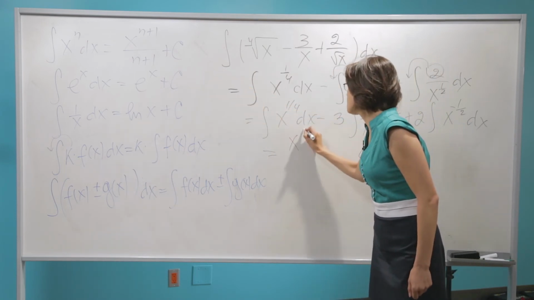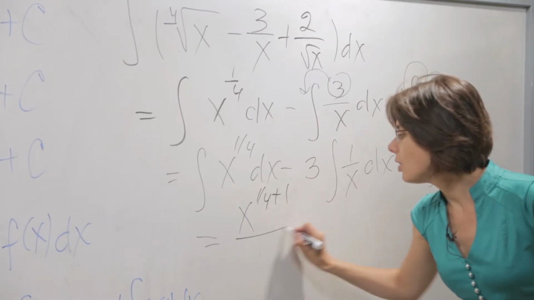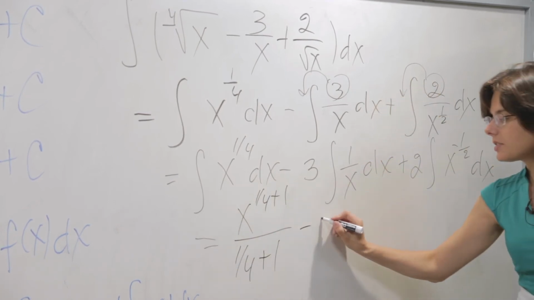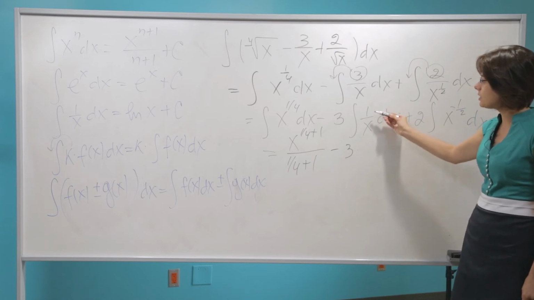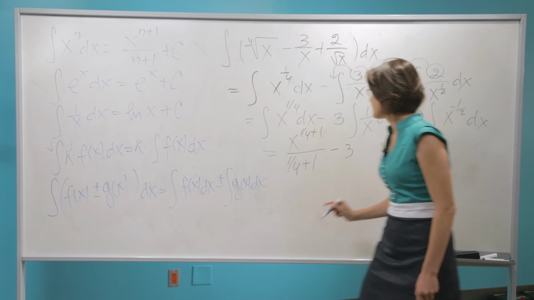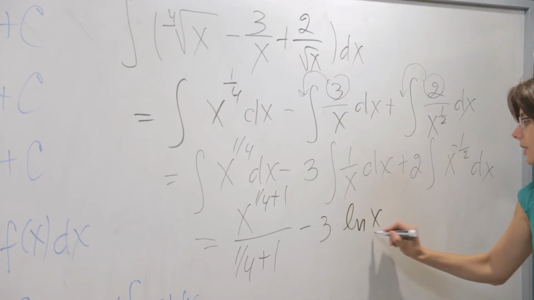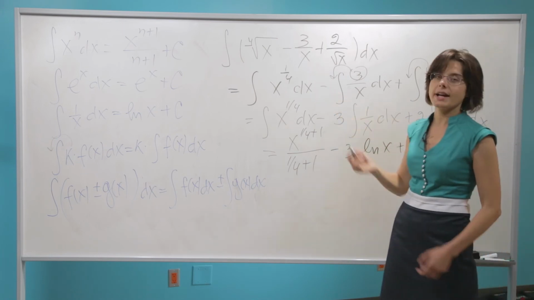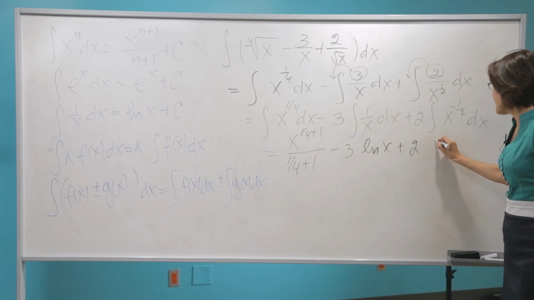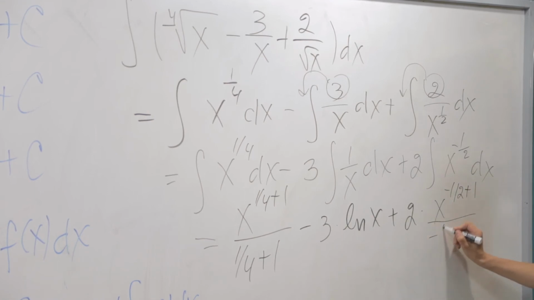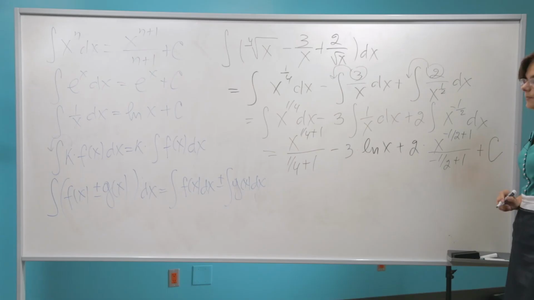It will give us x to the power 1 over 4 plus 1 over 1 over 4 plus 1. Minus 3 times the integral of 1 over x, its specific formula, which is the logarithm of x, plus 2 times, and again, our first formula with n equal to negative half. X to the power negative half plus 1 over negative half plus 1, and I add constant c at the end.